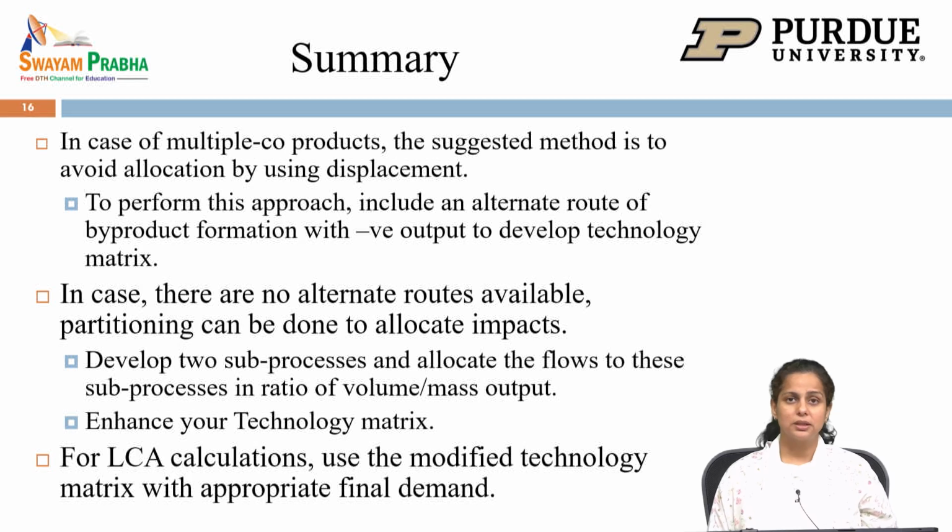In case there are no alternate routes available for that byproduct, then we are going to say that it is not actually competing, but it might be using a partial amount of resource, and we have to just partition the impact of that process into the main product and the byproducts. For LCA calculation, we will use the modified technology matrix and the modified intervention matrix with appropriate final demand.